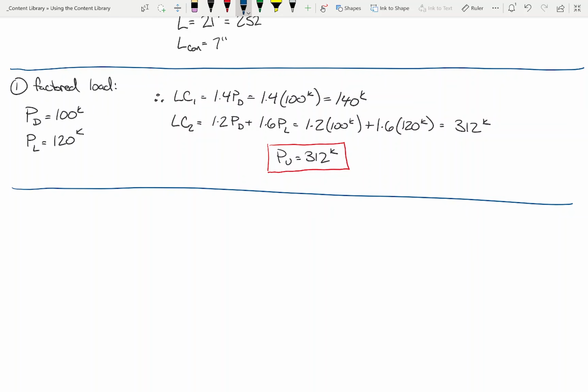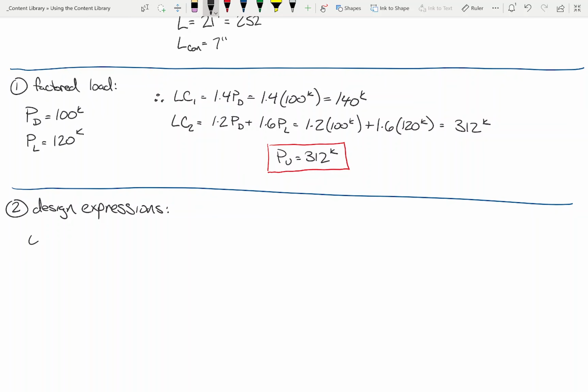All right, step 2. That's going to be our design expressions. Okay, so I'm going to need some help.